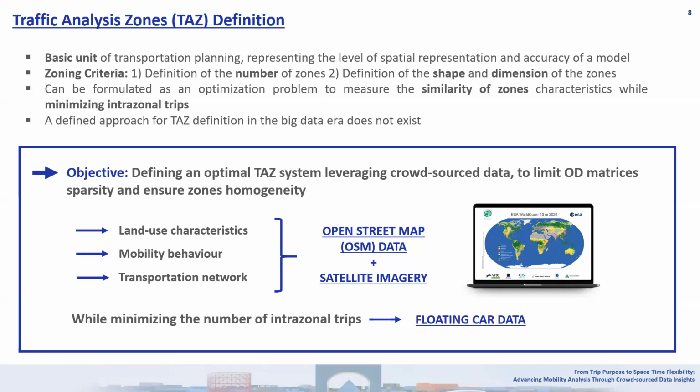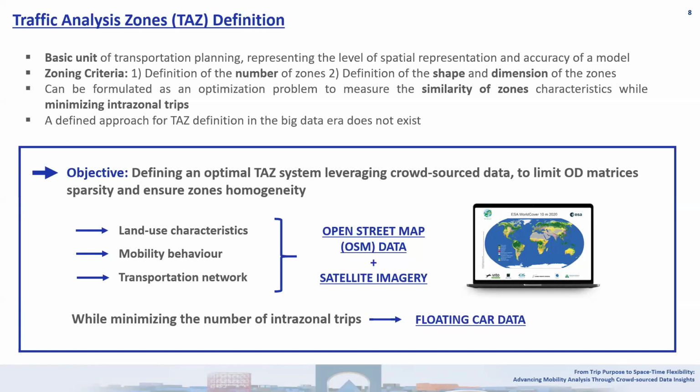Firstly, we define how many zones we want. So we define the spatial aggregation level that we want, because depending on our study area and on the type of study that we want to conduct, we might need bigger zones covering a wider area, or very small zones to have a very detailed traffic model.